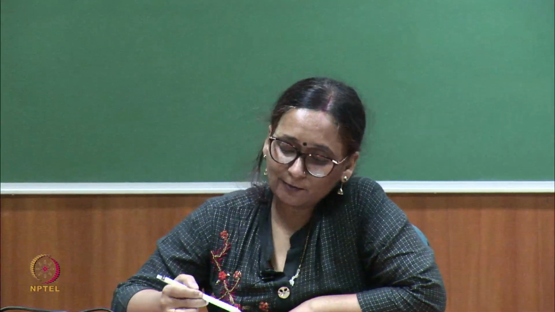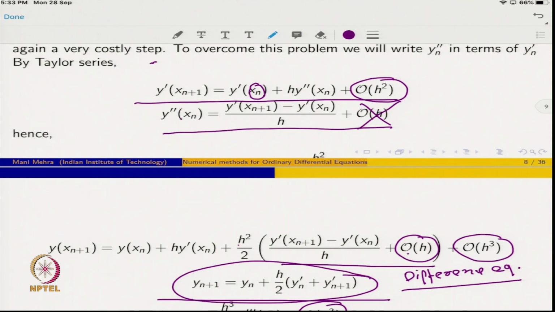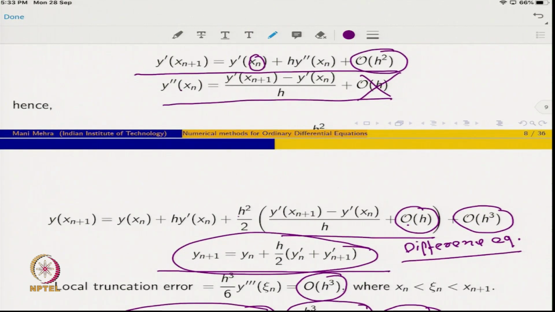So, now the next question which can come to your mind is why here I have kept only 2 terms. I also want that the error which I am neglecting in this part should also be of order h cube. If this error would have been of order h square, after multiplying with h it would have been of order h cube, or this error can be of order h4 while this is of order h cube.